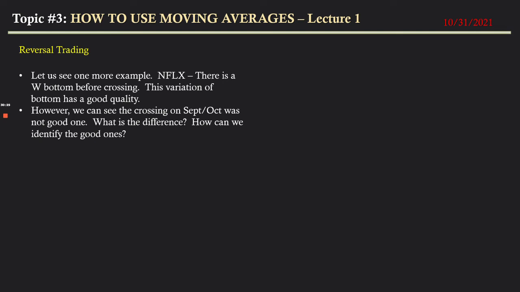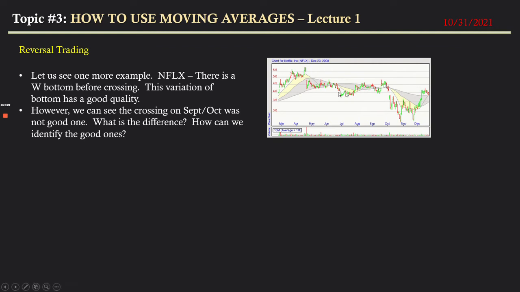Let's look at another example. It's NFLX. It also has this kind of bottom. It's like a W. This usually is called the double bottom. However, we see a crossing here. It is a moving average crossing.